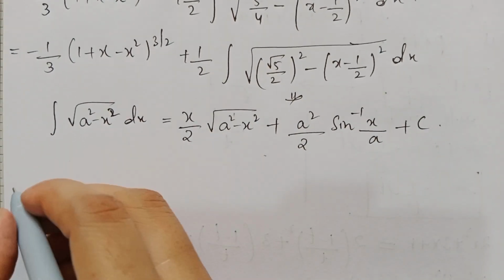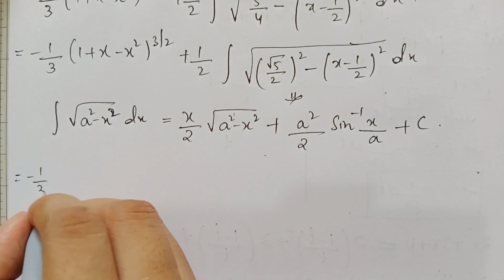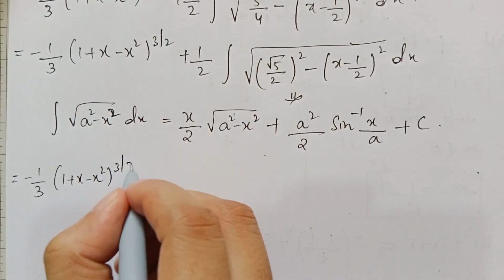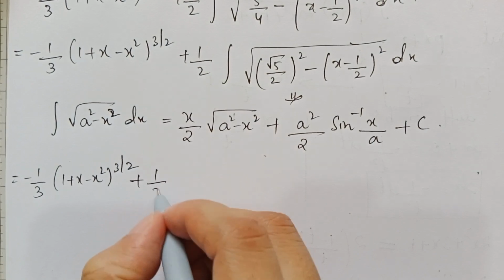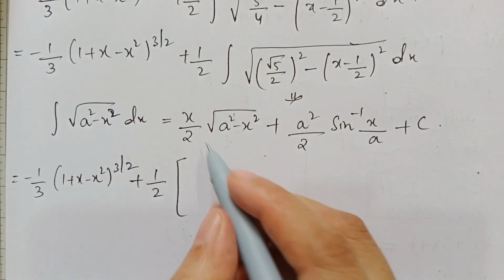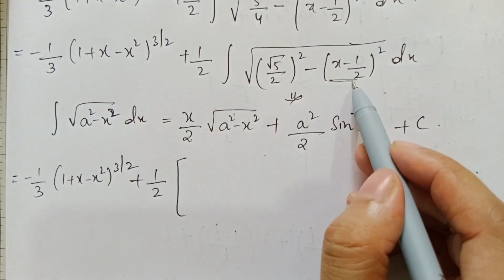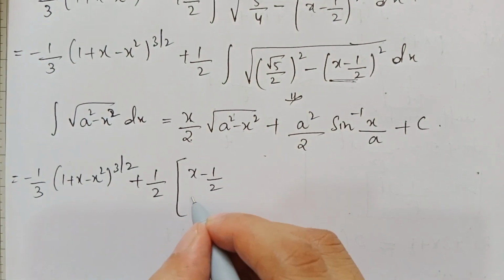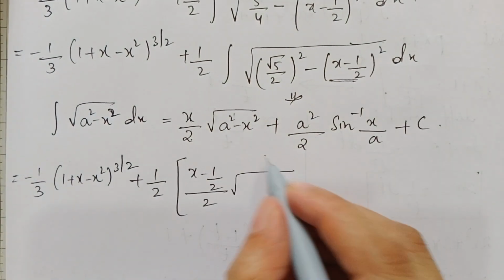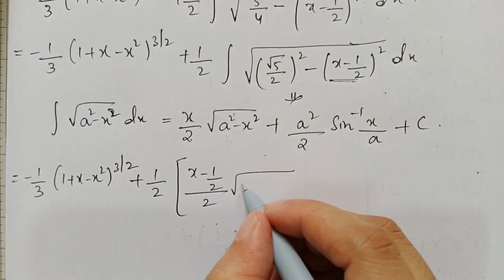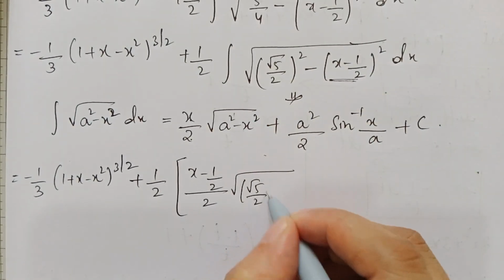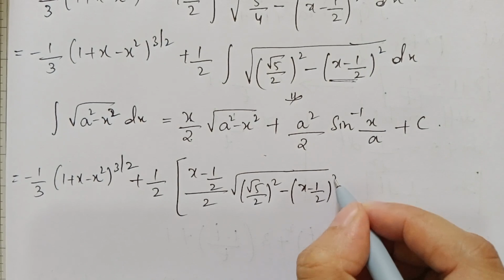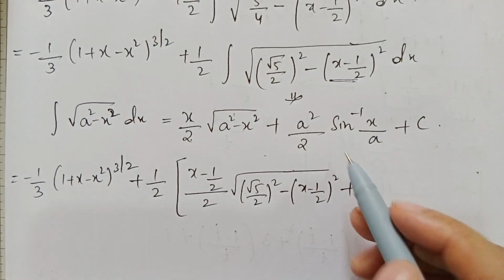So we can write it as equal to minus 1 by 3 into 1 plus x minus x square whole power 3 by 2, plus 1 by 2 into x by 2. So our x value is this, so this can be written as x minus 1 by 2, by 2 into the root of, means our question only, it is root 5 by 2 whole square minus x minus 1 by 2 square, plus a square.